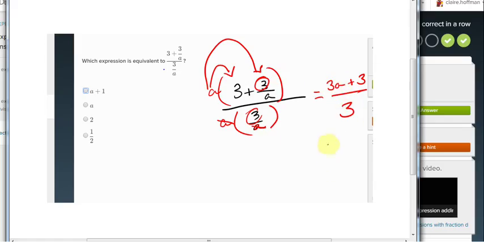I can factor out a 3 from the numerator. I can divide both of these by 3. And this would give me an a plus 3 over 3 would be 1 over the 3 that I had on the bottom. Now these 3's can cancel and I'm just left with a plus 1.